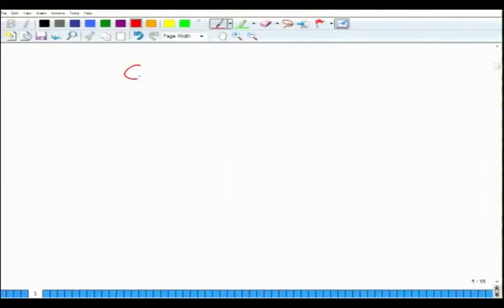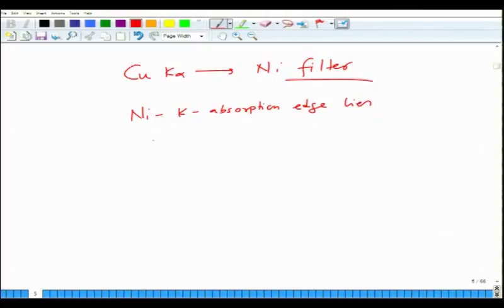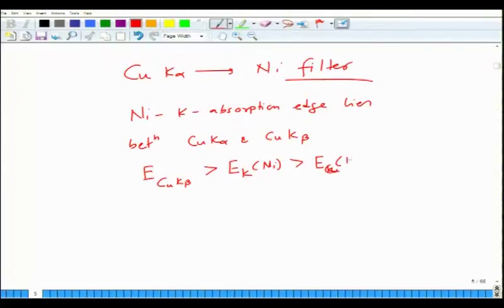In case of copper radiation, Cu K alpha, we typically use a nickel filter, because the nickel K absorption edge lies between Cu K alpha and Cu K beta, such that E of Cu K beta is higher than E K of nickel, which is higher than E of Cu K alpha.